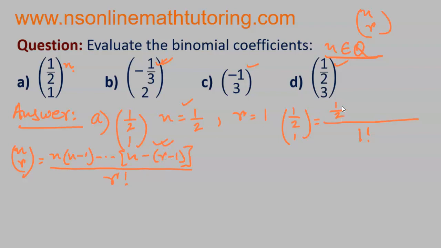So the only factor that will be present in this case is half. You cannot come to n minus 1, because only 0 can be subtracted from n. So we have half in the numerator and 1 factorial, which is 1, in the denominator. So what is this equal to?